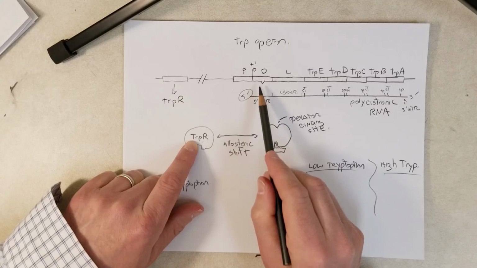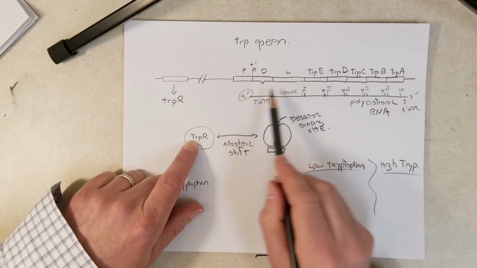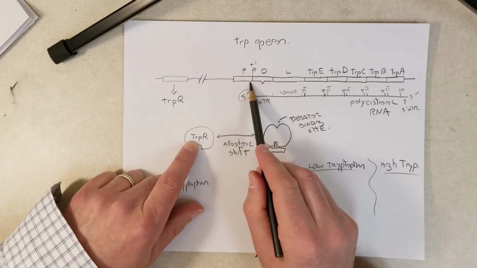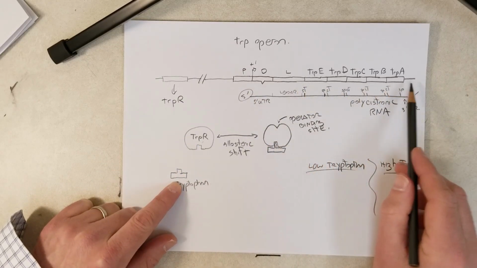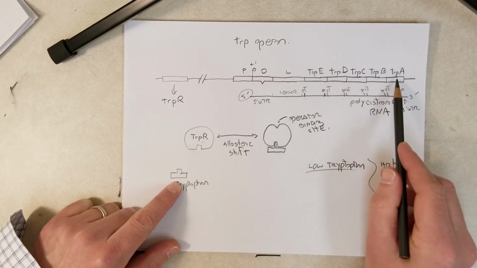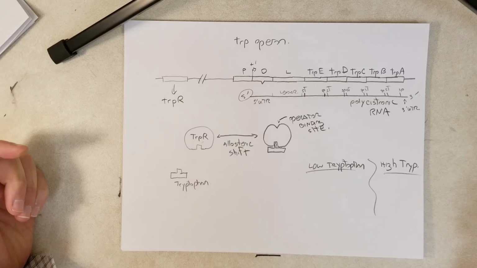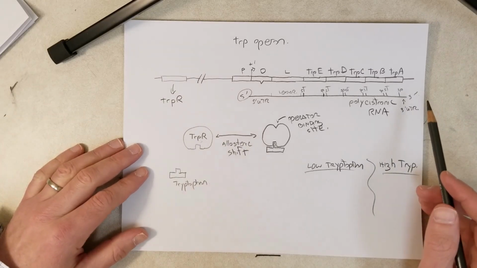So it won't be able to block transcription of the operon by RNA polymerase. So when tryptophan levels are low, the operon will be transcribed. We will make all of these biosynthetic genes to make tryptophan. Because when tryptophan levels are low, the cell needs more tryptophan, needs to make it.